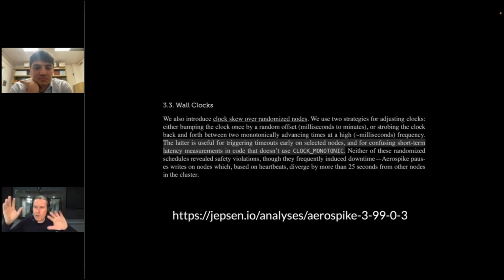These are some of the strobe, where Jepsen is used to test databases. It messes with time, strobes the time. And doing that is useful to try and confuse short-term latency measurements in code, round-trip measurements in consensus, in code that doesn't use clock monotonic. So implied, clock monotonic is what you should use.